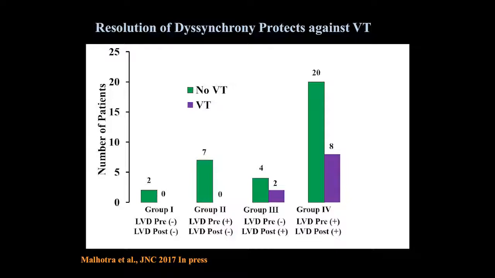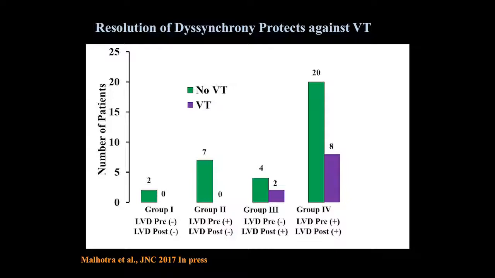Very importantly, patients in whom we induced dyssynchrony with CRT had the same prevalence of VT as patients who had dyssynchrony before. So this is a group that did not have dyssynchrony to begin with. We made them dyssynchronous and they had arrhythmias. Compared to patients who had dyssynchrony to begin with, we took their dyssynchrony away with CRT, and they had no arrhythmias.